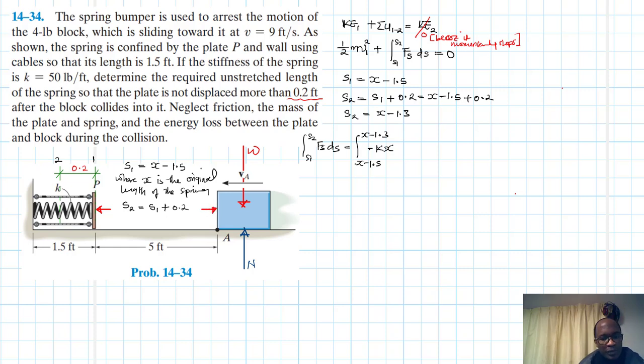This is our Fs, and Fs is equal to k times x. So this minus here takes care of the signs for our work done by the spring.